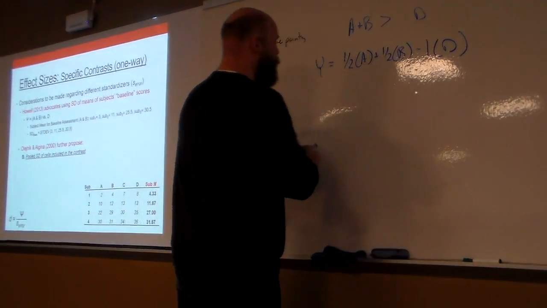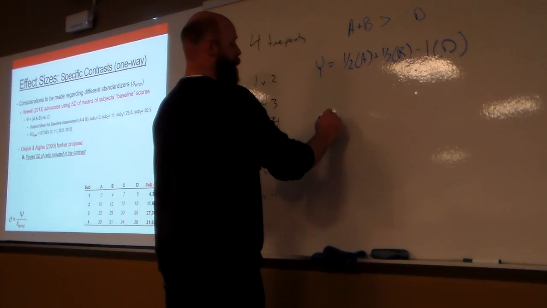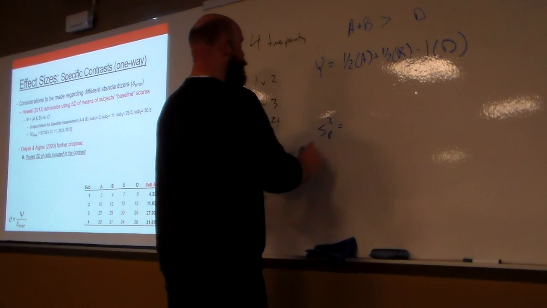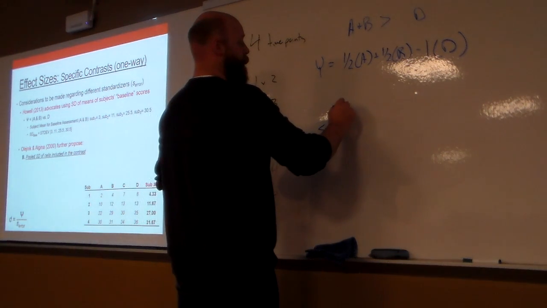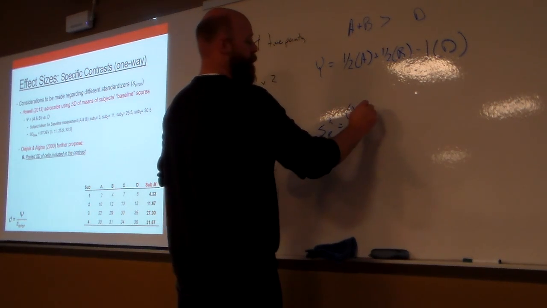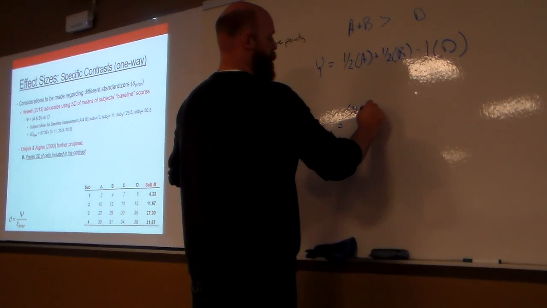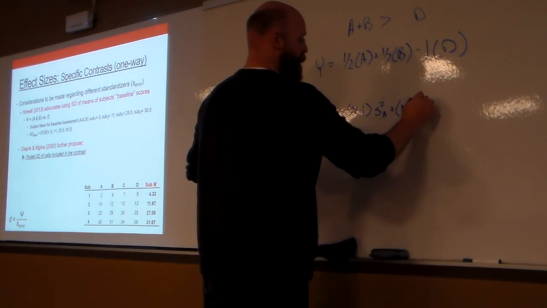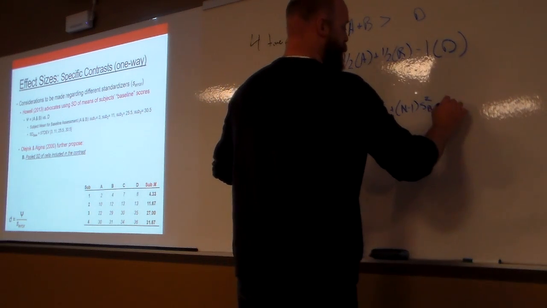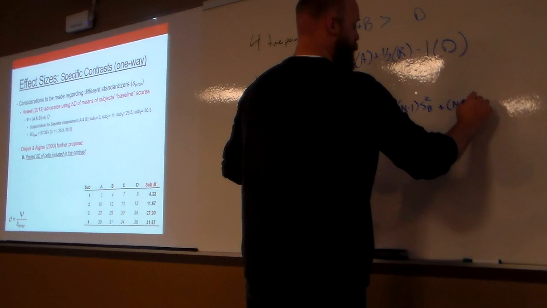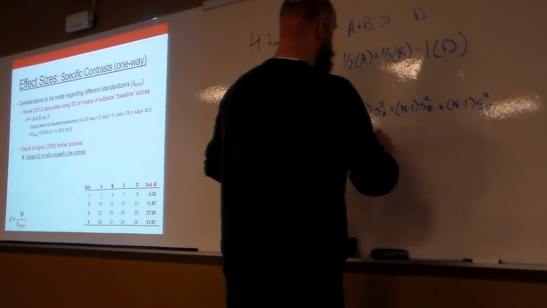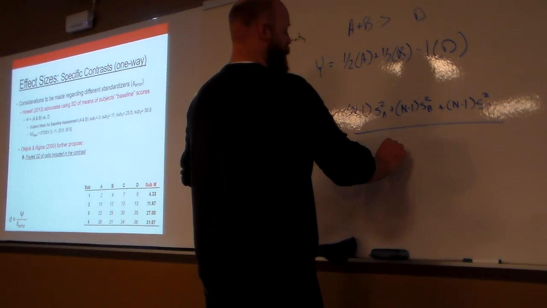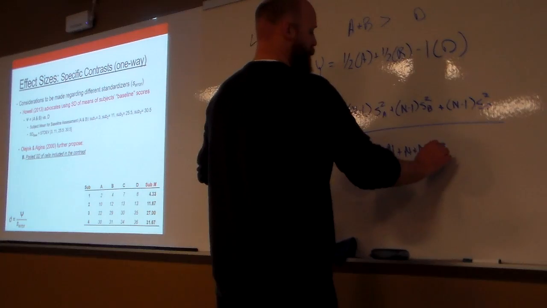So in this scenario, the pooled would be n minus 1 times the variance of A, plus n minus 1 times the variance of B, plus n minus 1 times the variance of D, over n plus n plus n minus 3.